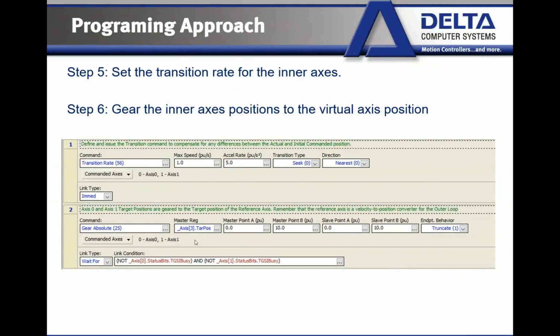That's that virtual axis target. We're gearing to that target. Again, we're setting up a linear relationship. When the master is at 0, the slave, our 2 physical axes, are going to be at 0. When the master is at 10, our 2 physical axes are going to be at 10. And again, we just wait till both of these are geared together and ready to go before we move on to our next step.